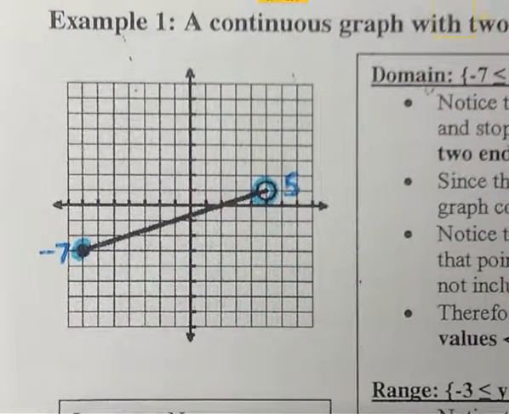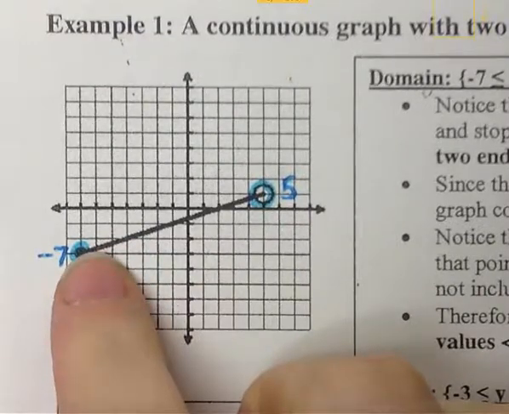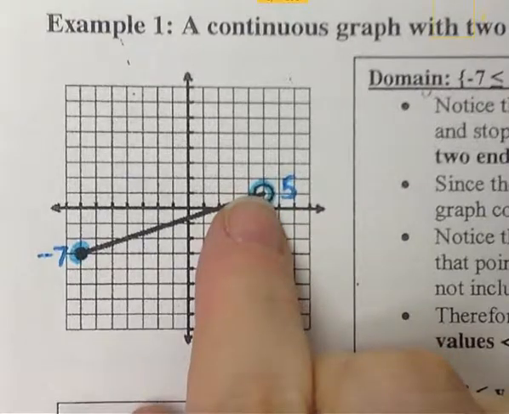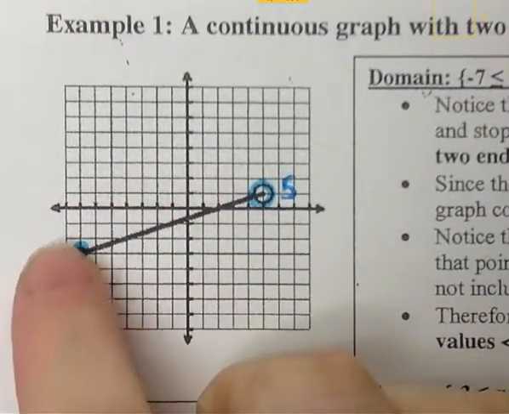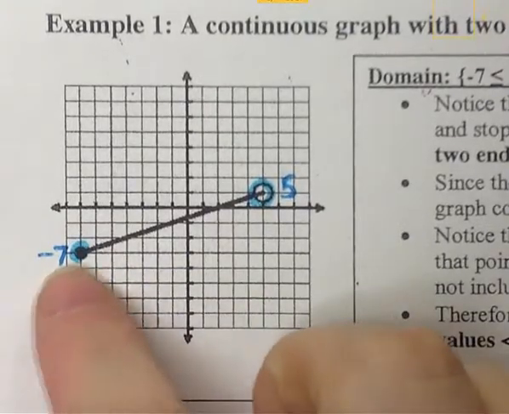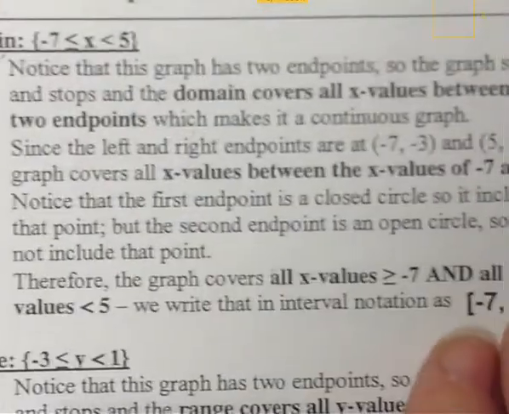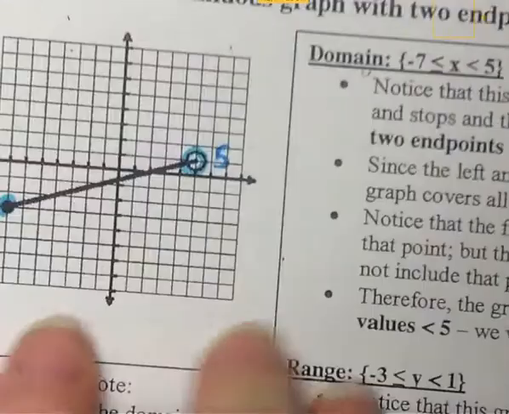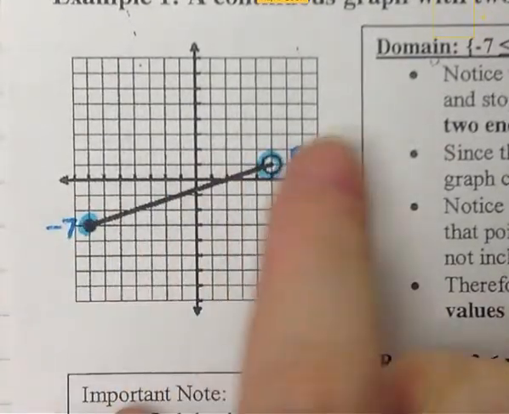Now, for domain, since this is a continuous graph and there is no gap between this blue highlight to the next blue highlight, I know that my first number in interval notation will be my -7, then my second number will be that positive 5. So we can write as -7, then 5. It actually tells me the order of the numbers as well, because this is my smallest number, this is my biggest number.